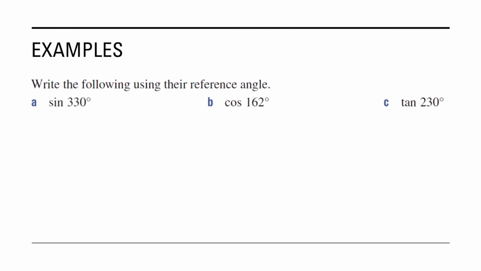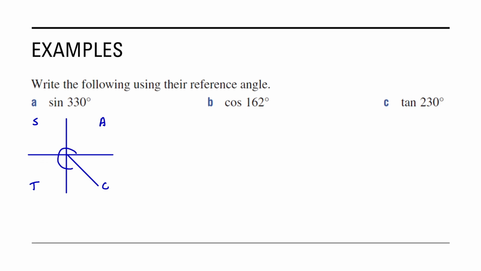So here now we're going to look at writing the following using their reference angle. So now we're going to look at the opposite. What if I have an angle that's not an acute angle, and I want to find the reference angle? First thing is I always draw my unit circle again. Now think about 330 degrees. I'm going all the way around from 0, so 330 will be around here.